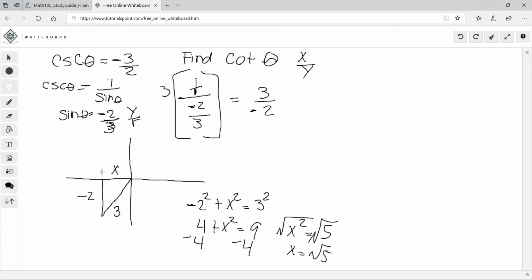And then since we're in quadrant 3, it's going to be negative square root of 5. So now we got to find cotangent theta. It's pretty simple, it's x over y. So our x value is negative square root of 5, and our y value is -2. So that is our cotangent theta.